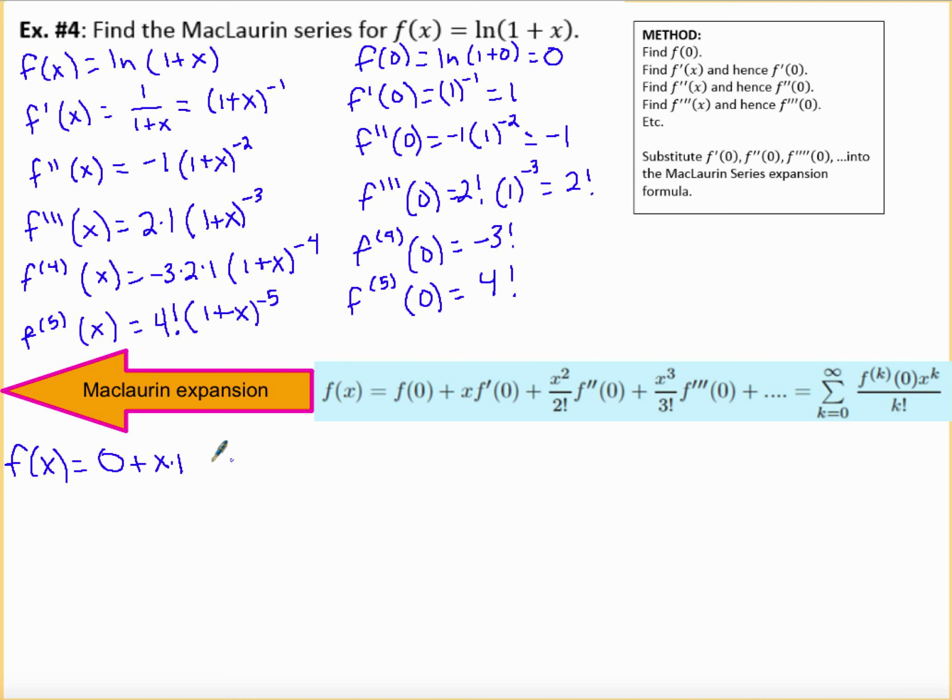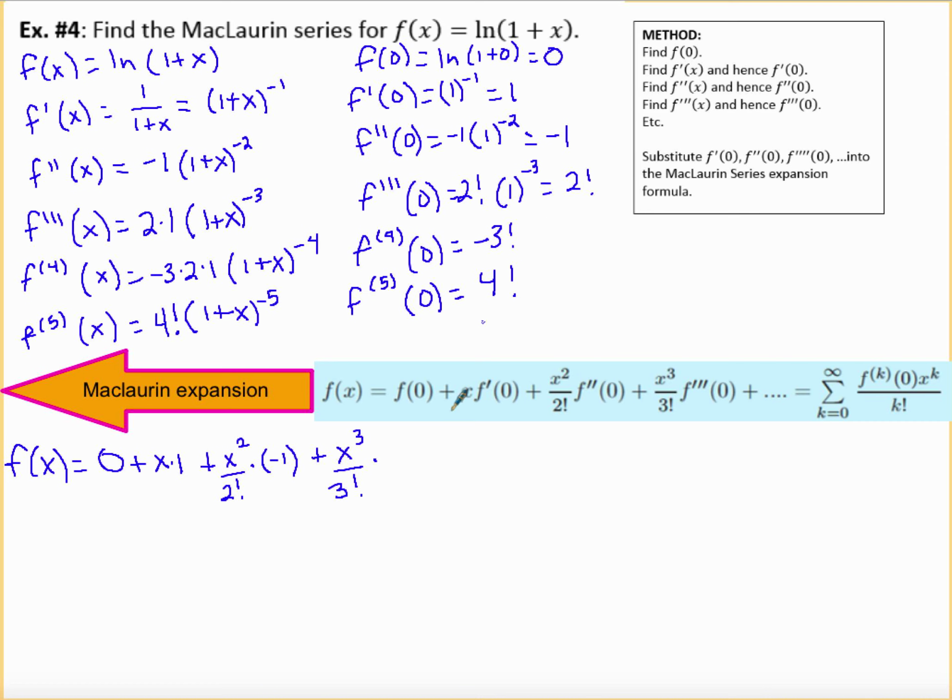Easy peasy. Then x squared divided by 2 factorial times f double prime of 0. So f double prime of 0 was negative 1. Plus x cubed divided by 3 factorial times the third derivative at 0.